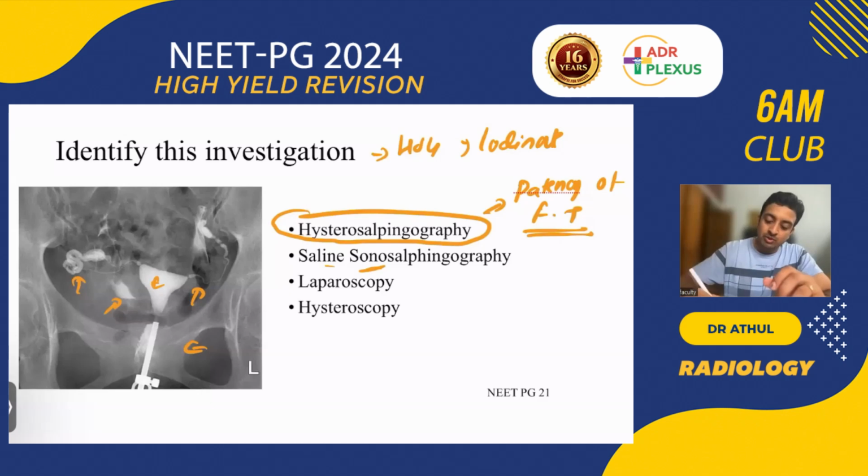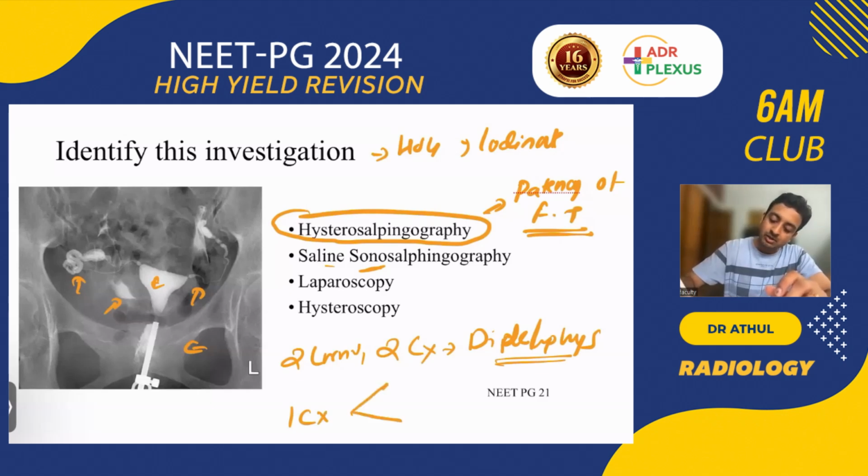If you are seeing two cornua, 2 cervix, or sometimes 2 vagina, then it is didelphys. Everything is 2, so it is uterine didelphys. But if you are seeing only 1 cervix, it can be either bicornuate or septate.